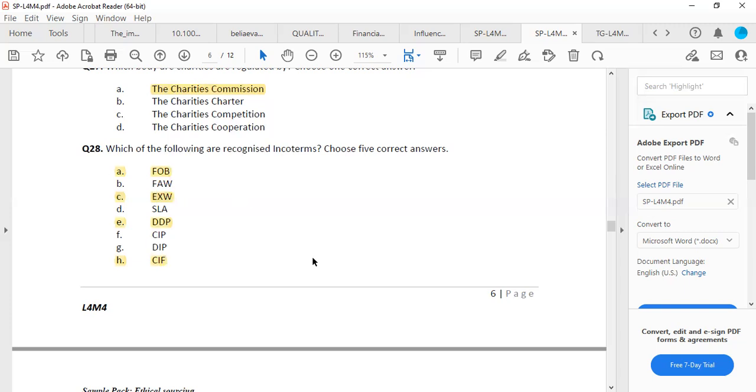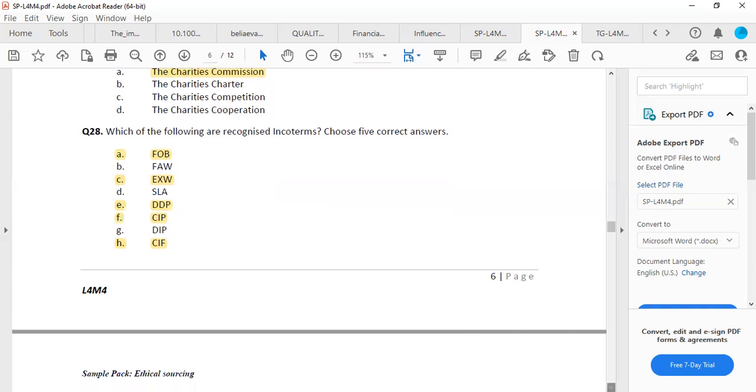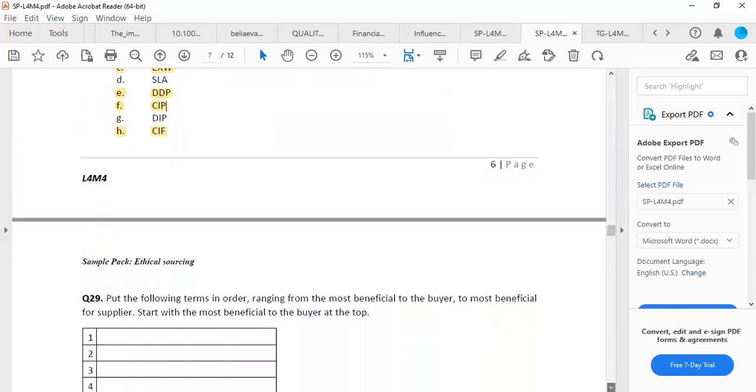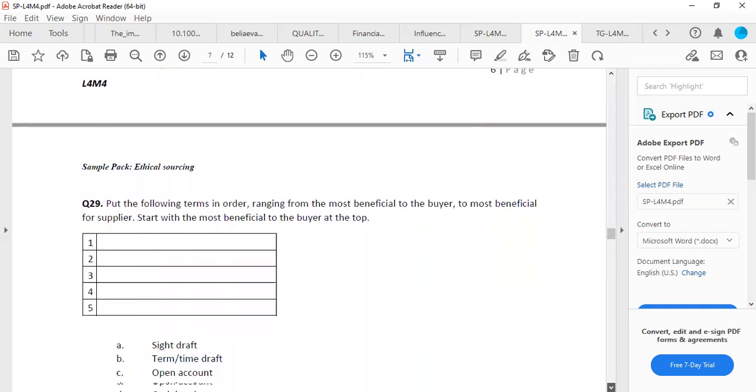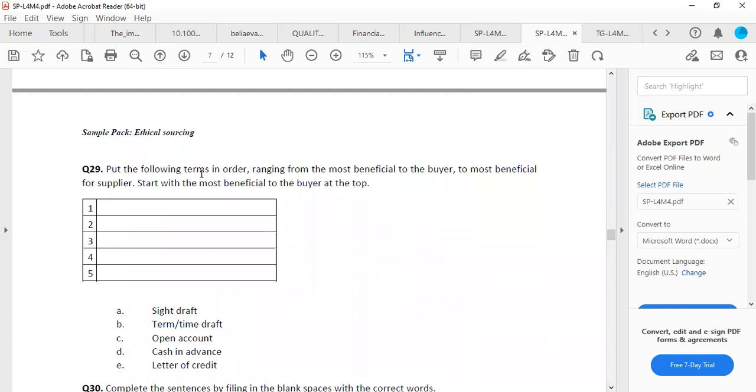CIF, cost, insurance and freight. Correct. CIP, carriage and insurance paid. Yes, CIP. Okay.